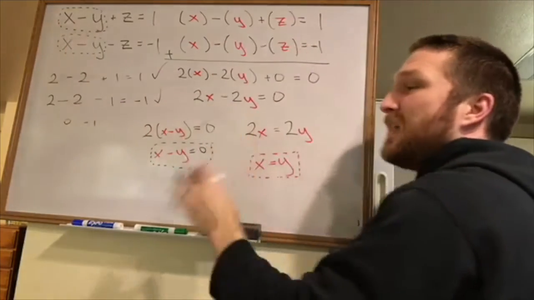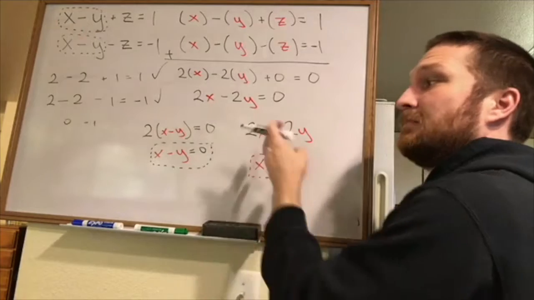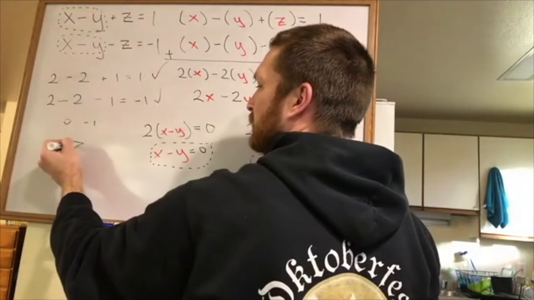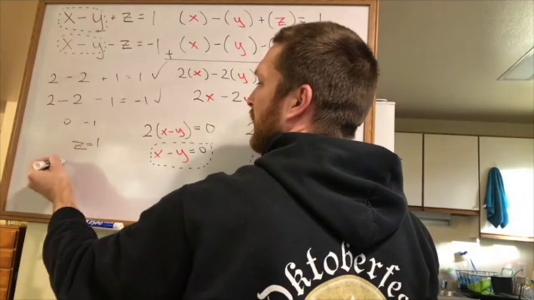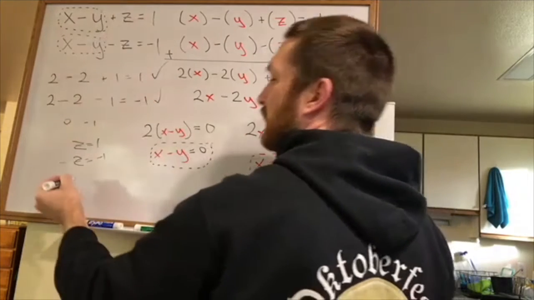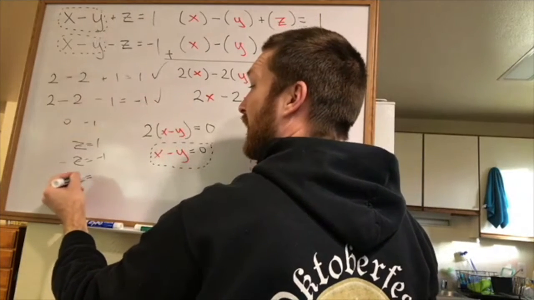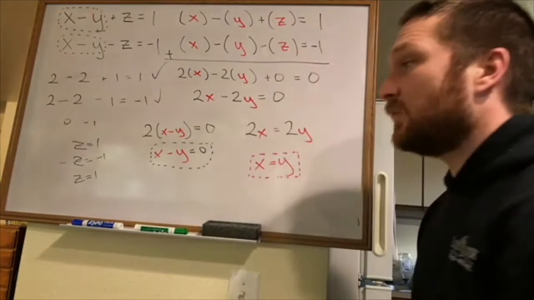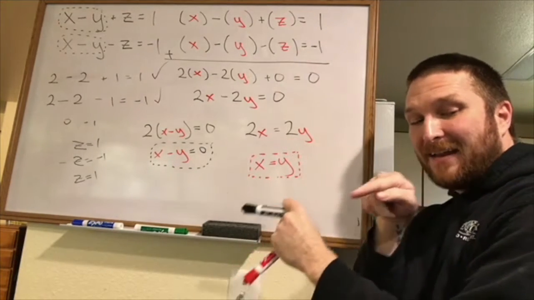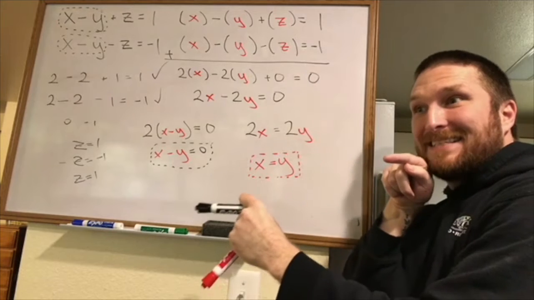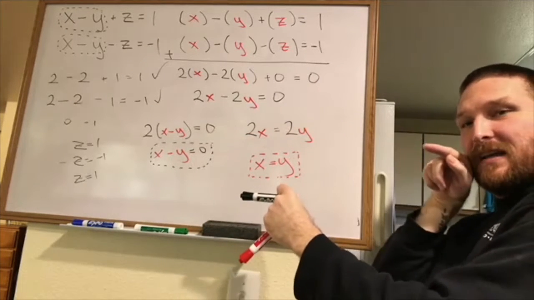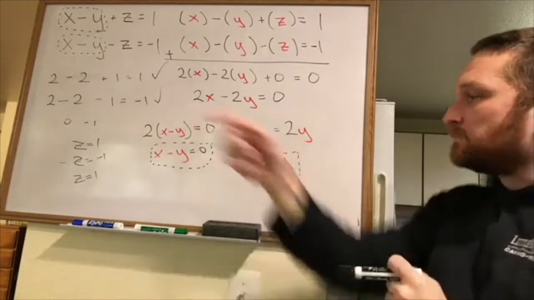When we're on that intersection, it must be the case. And so then we end up with something like, oh, z equals 1 and negative z equals negative 1. In other words, z has to equal 1. And that's what we saw when we graphed it, right? That intersection occurred at z equals 1. It was like a horizontal line as far as z is concerned. It was always z equals 1 right there.